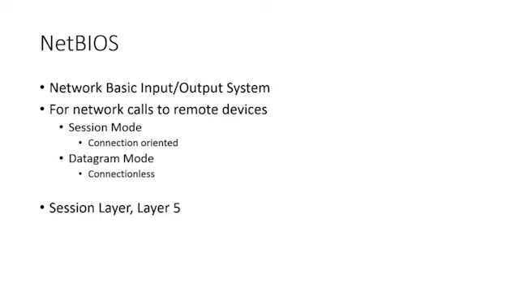We have session mode and datagram mode. Session mode is connection oriented. Think kind of like TCP. Datagram mode is connectionless, which sounds a lot like what? That's right, UDP, because it's connectionless, it's just best effort, it sends it and forgets it. Now NetBIOS is at the session layer, and that is a layer 5 protocol that we're talking about here.